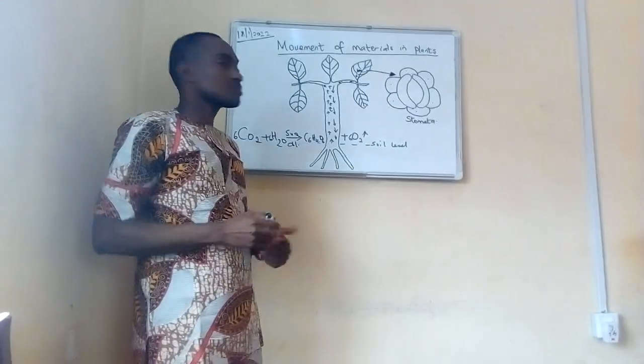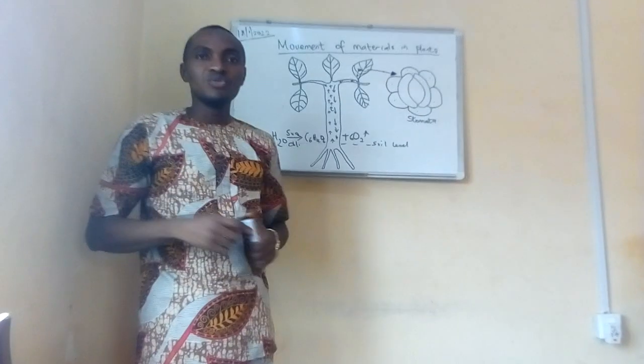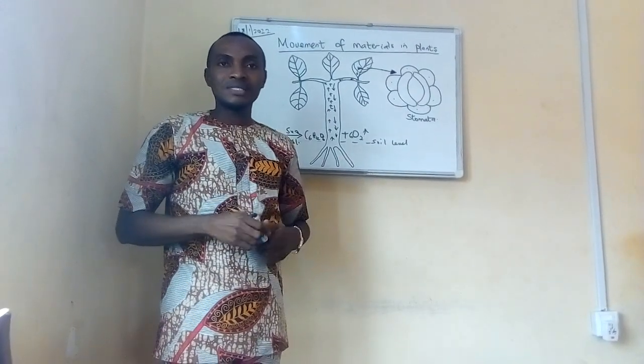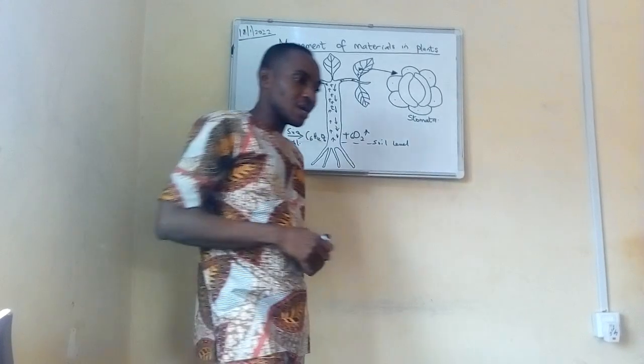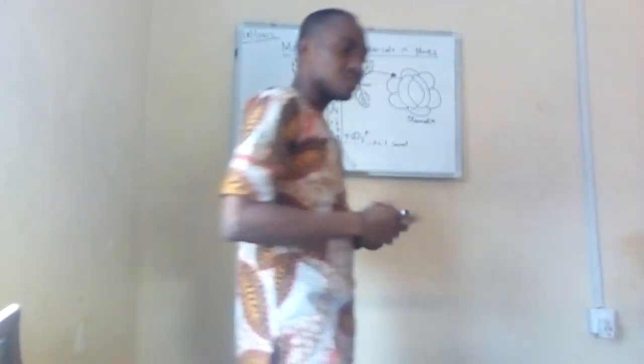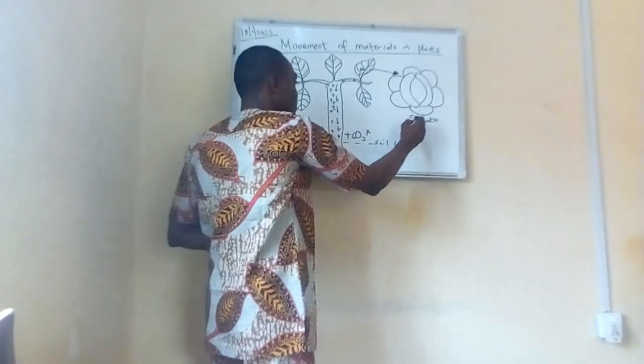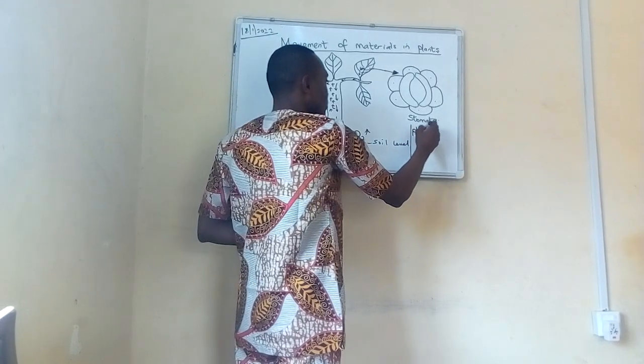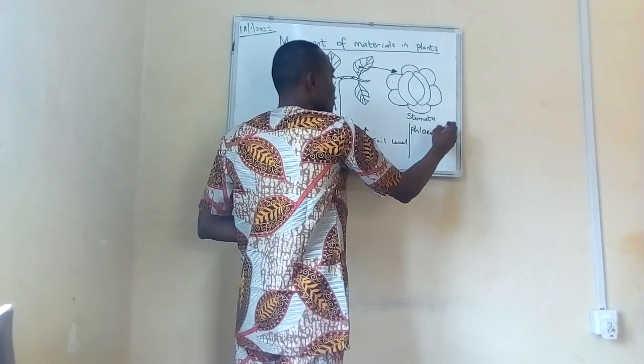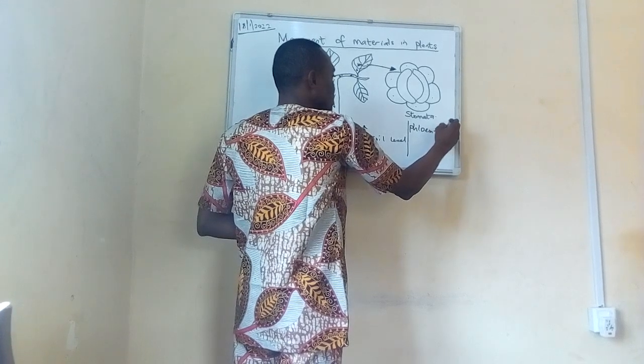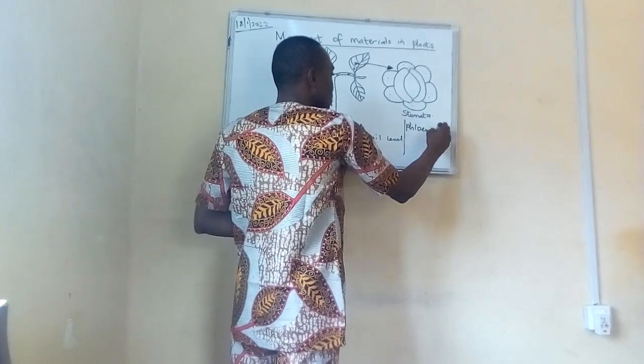So invariably, how do materials move in the phloem and in the xylem? In the phloem, upward, downward.